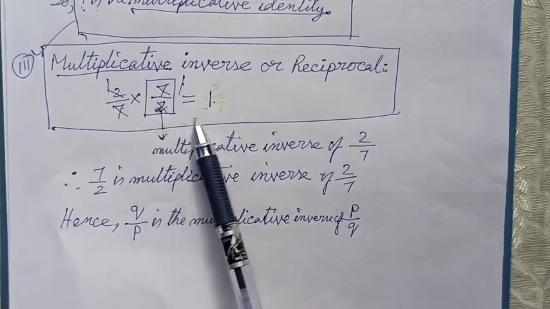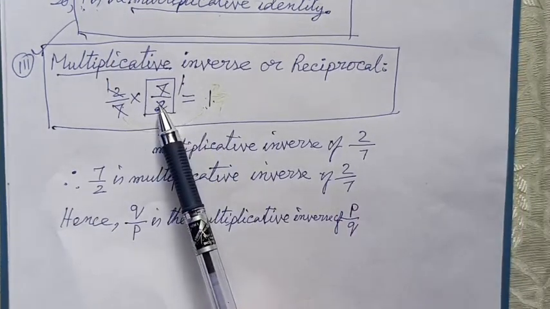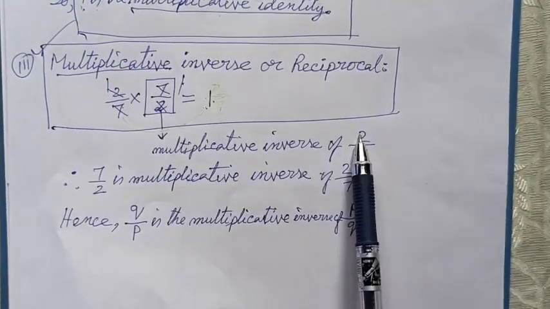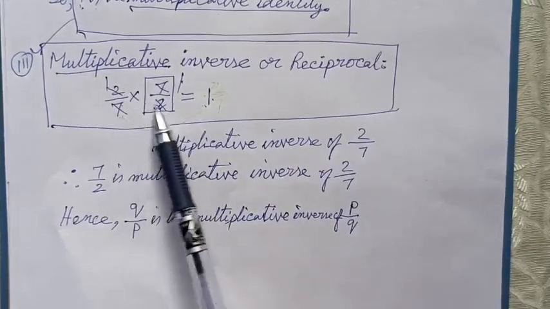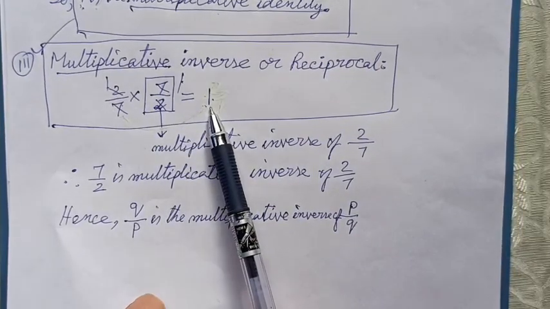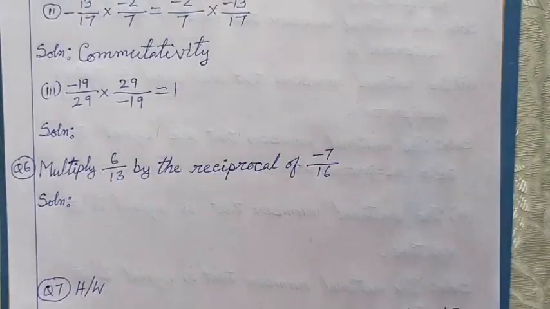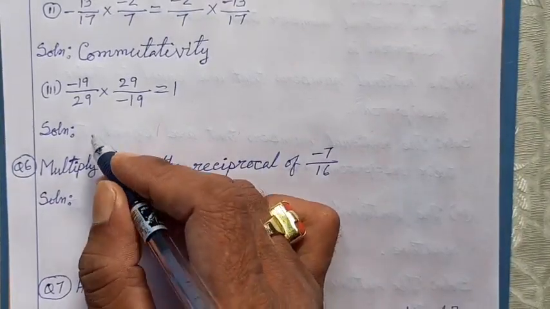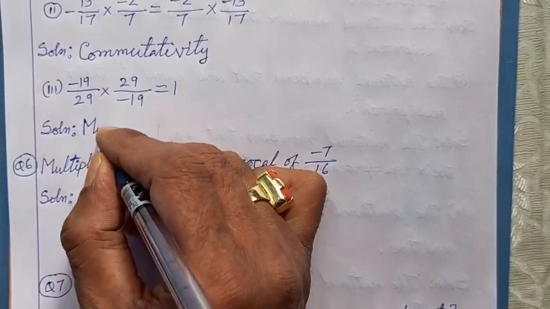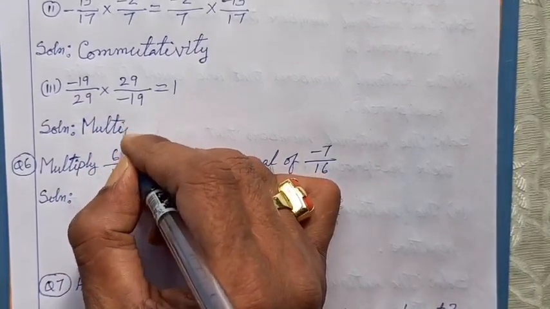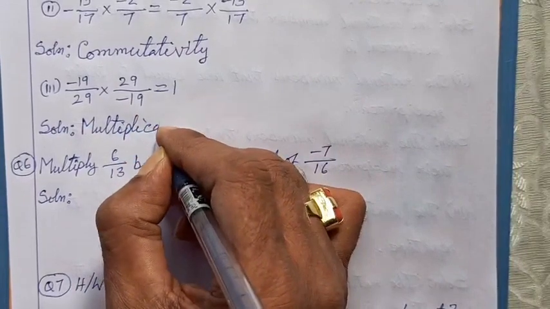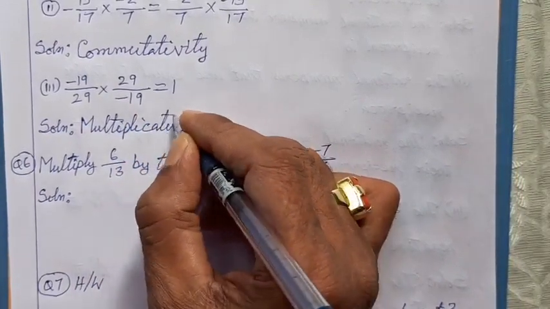So this 7 by 2 is called the multiplicative inverse of 2 by 7. When we multiply, if the answer is 1, then this property is multiplicative inverse or reciprocal. So this property is multiplicative inverse.